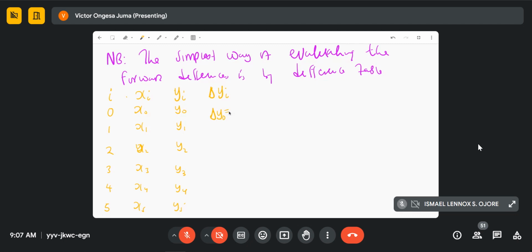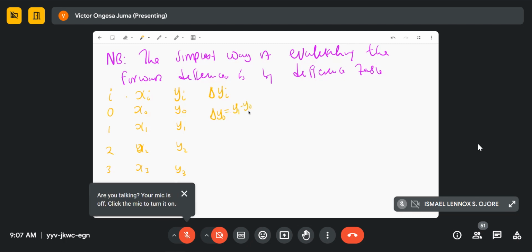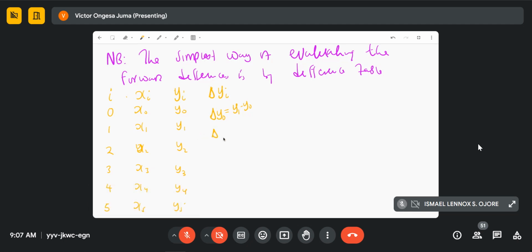So this is given by y1 minus y0. I'm just writing this so that you know. And the difference between this and this is what? Can you tell me what I should fill here? y1 minus y0.